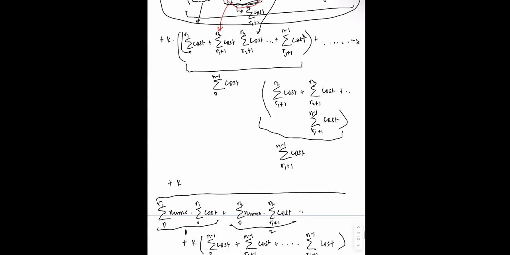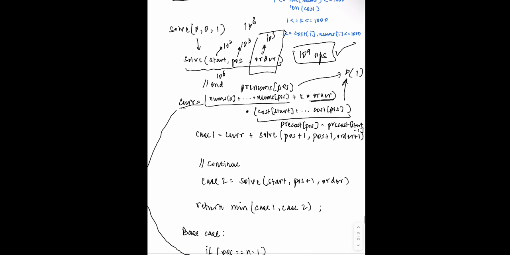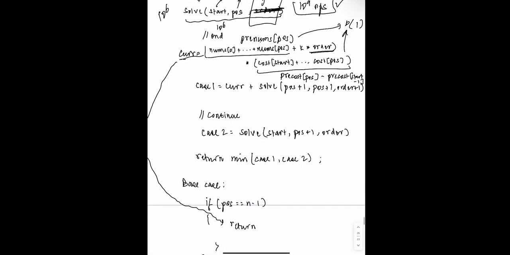So now, once I don't have dependency on order, my solution has 10 power 6 states, which can be cached and then used in the solution. Okay, so let's try to code it right now.